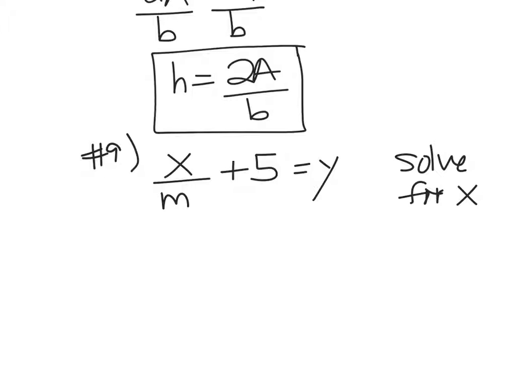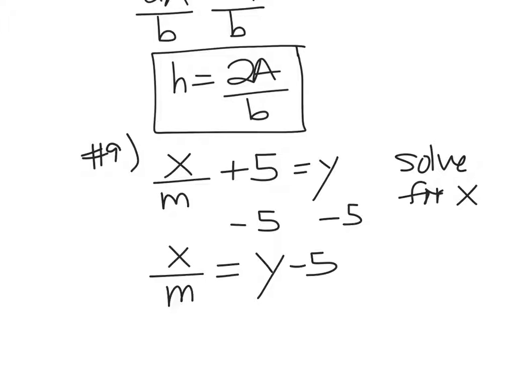Almost. We are going to do those things, but not in that order. The first thing you need to do is subtract 5 first. When you're unwrapping a present or solving something, you're doing the opposite of PEMDAS. Instead of wrapping the present, we're unwrapping it. So we have x over m equals y minus 5.